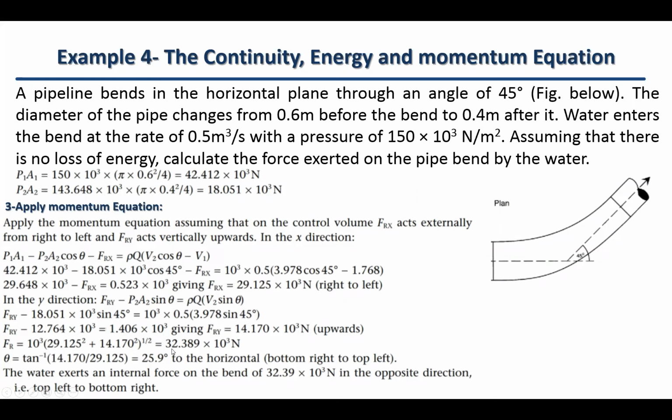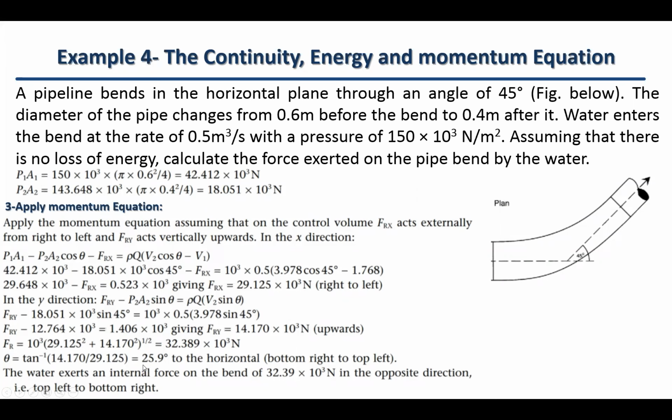The result is 32.389 thousand newtons. The angle of the force is the arctangent of the ratio of the vertical to the horizontal component, 14.17 divided by 29.125, and the arctangent is 25.9 degrees to the horizontal. So this is the angle we have here.